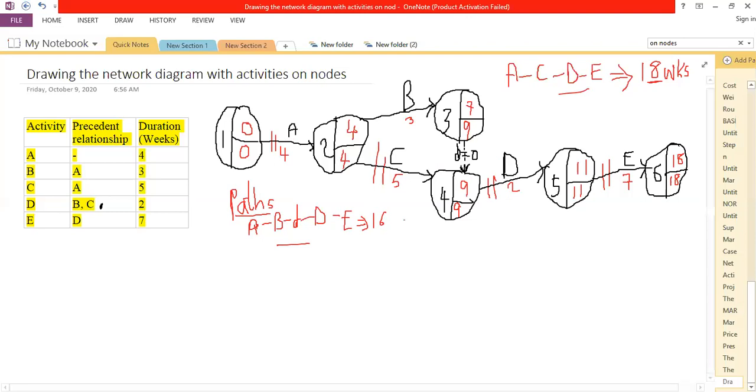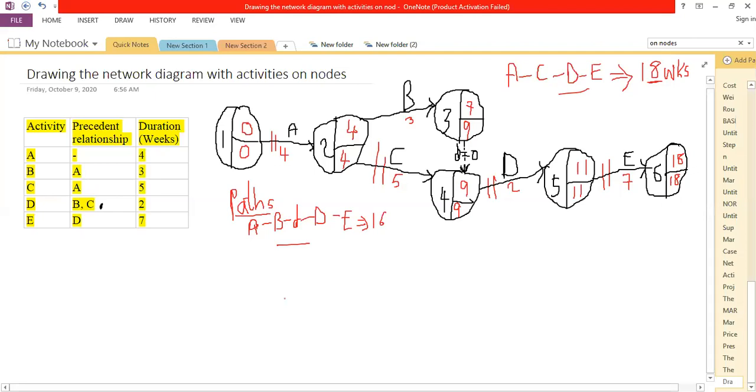So there are those two ways. If you fill in the nodes, you just come and mark the path that you see. The nodes are having the earliest and the latest time being the same. And then from here, one should be able to compute the floats as we had demonstrated in our last class.